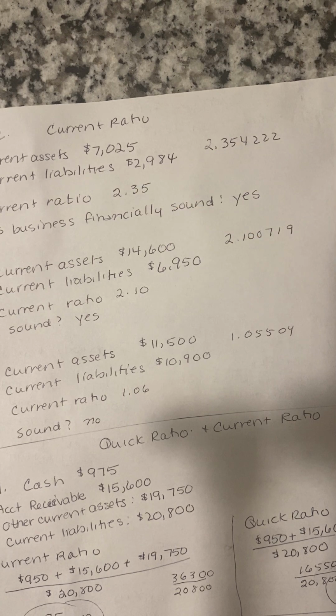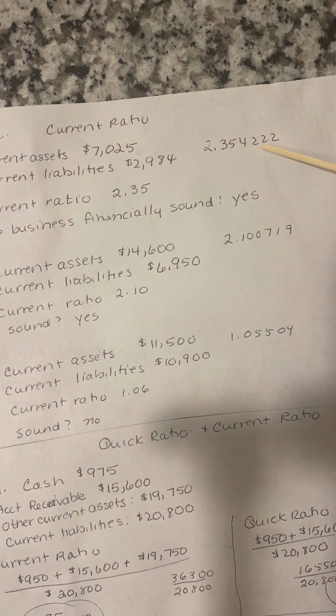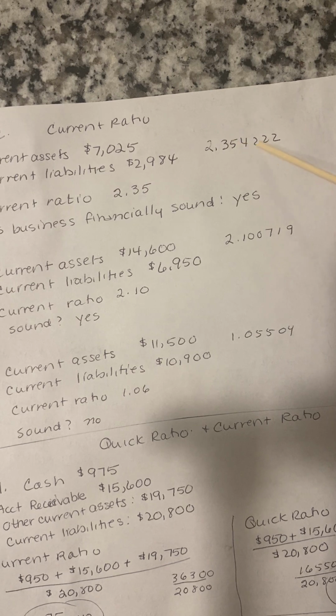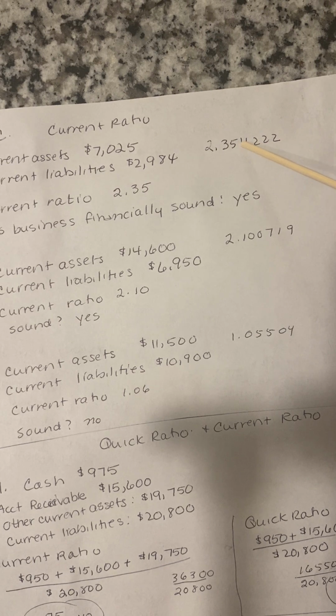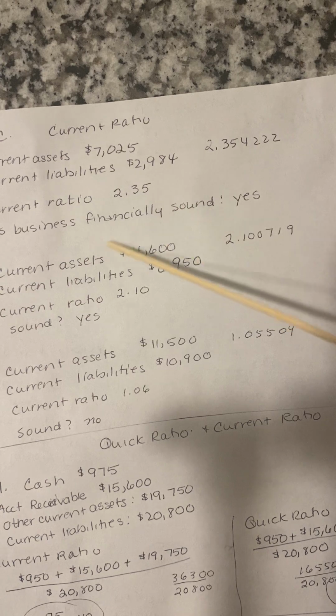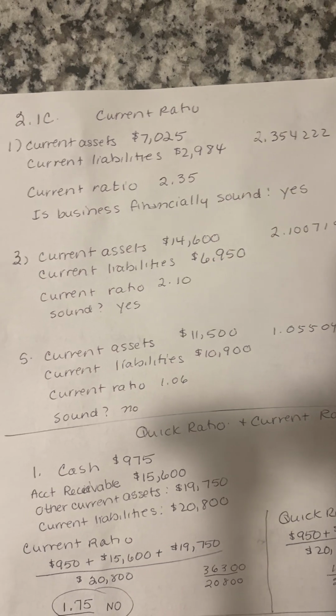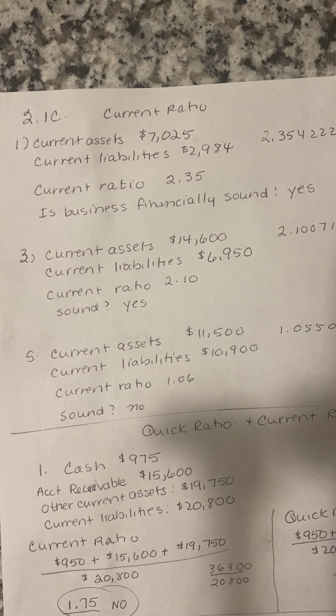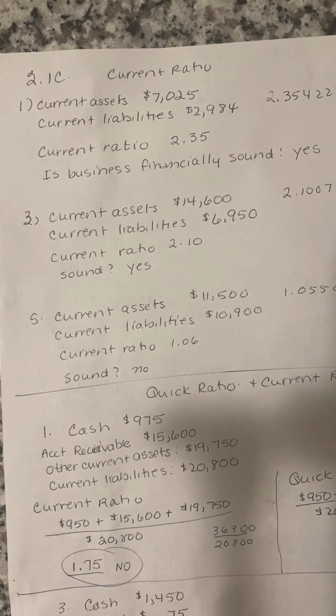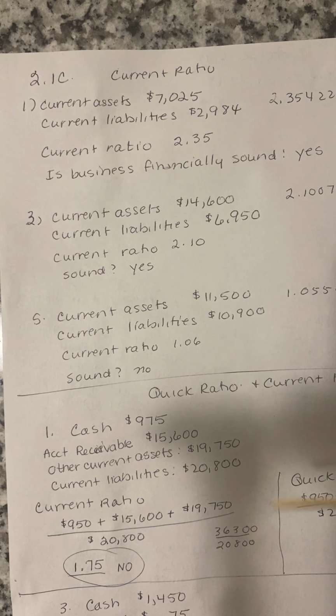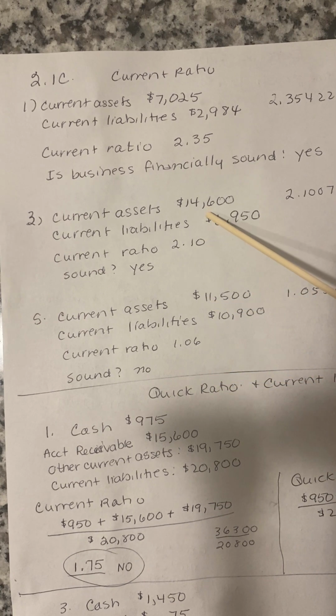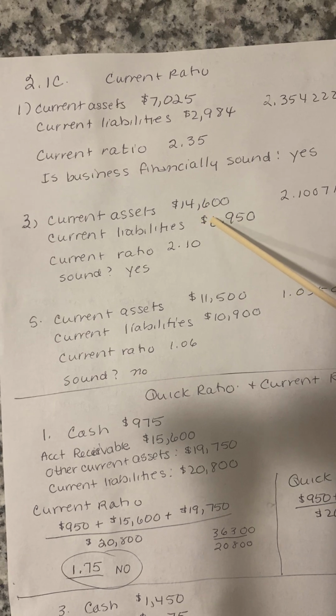We usually round it to the nearest hundredth on these. So here we have 2.354. This comes up on your calculator, then you have to round it to the nearest hundredth. So you're going to get rid of all the 4. If it's 5 or above, it will go to the next number. So that's how that one is. The next one, current assets are going to be 14,600.